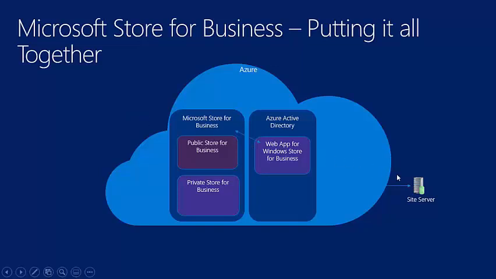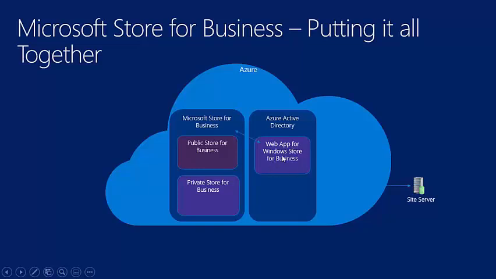And that is, we have our site server, and the site server is connected to the cloud. This is actually supposed to be a little bit of a different color so you can see it, but anyway, this line goes all the way over to Active Directory, right? Active Directory is where we create our web app.